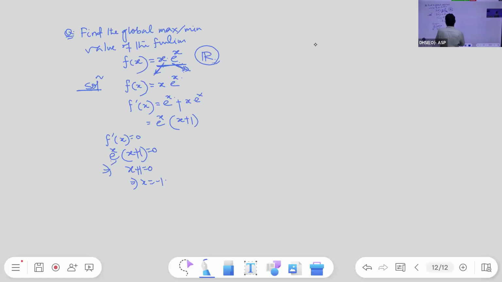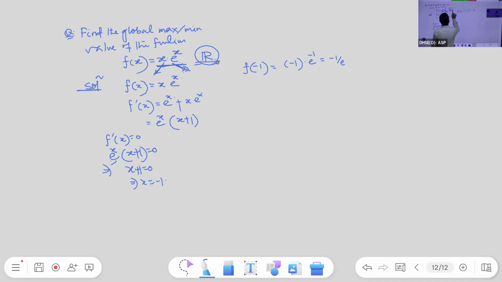So now we have to calculate the functional value. F of -1 equals -1 into e power -1 equals to -1 upon e.